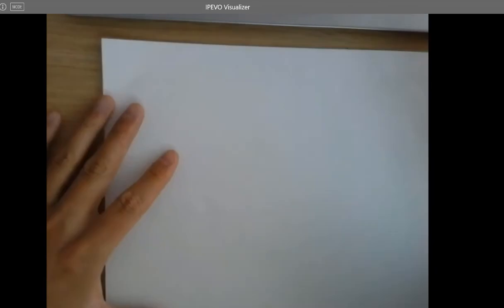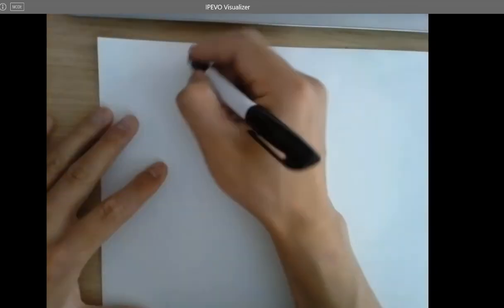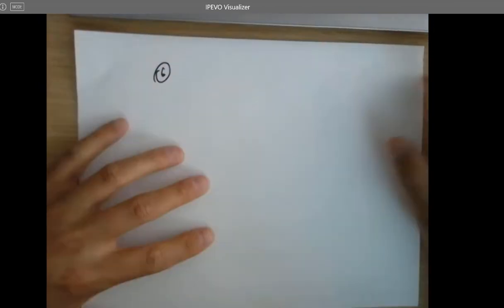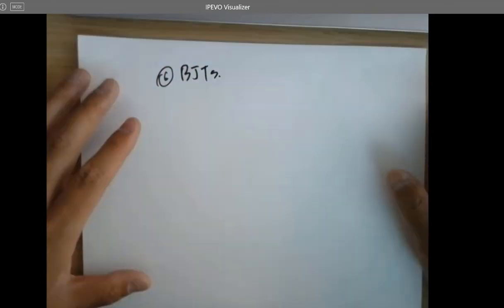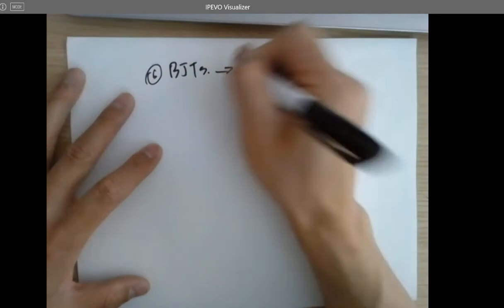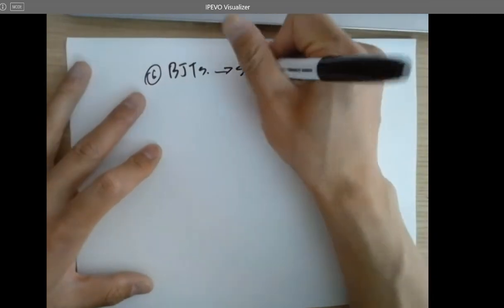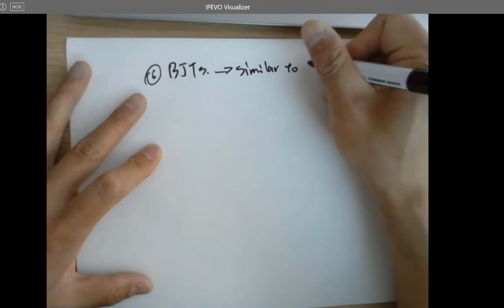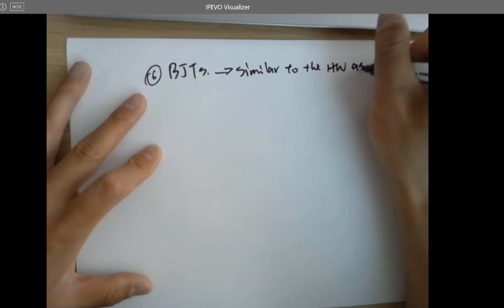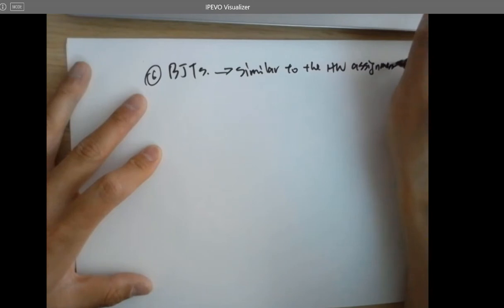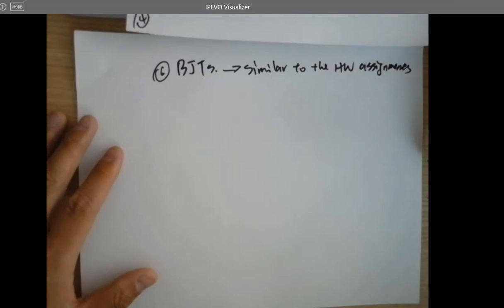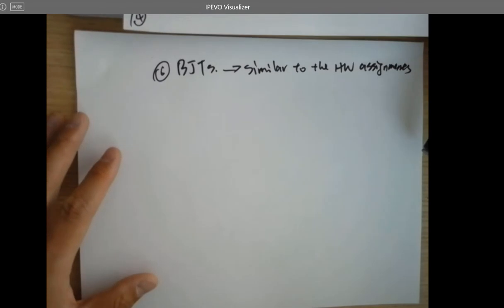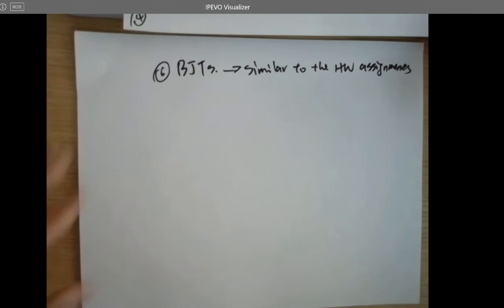And the last one will be number 6. BJTs. Just one problem. It's very similar to the ones covered in the homework assignments. So why is it only 6?